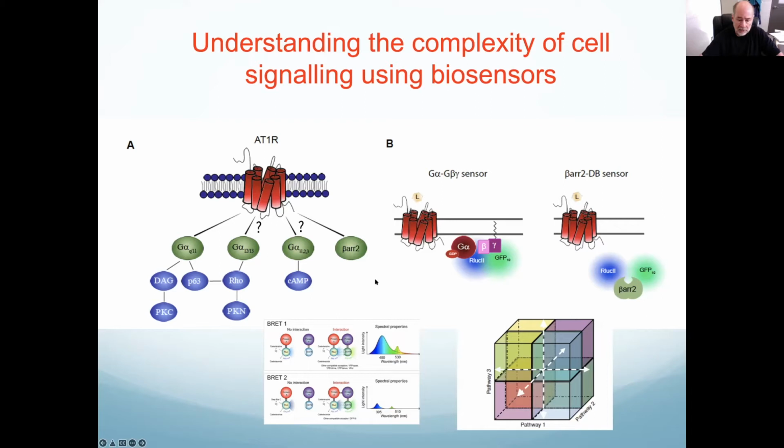We have FRET versions and bioluminescence resonance energy transfer versions. And the idea is to really plot efficacy down at the pathway level when you're looking at multiple pathways. It's no longer a two-dimensional dose-response curve. You get this kind of Stephen Hawking type cube that you need somebody smarter than me to analyze.